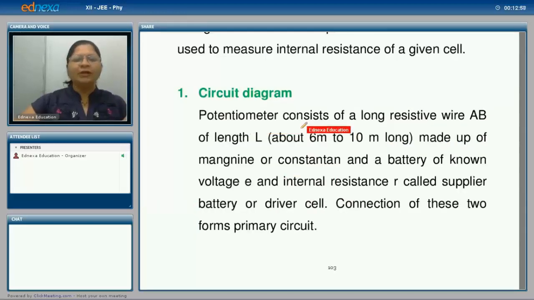The potentiometer consists of a very long resistive wire, about 6 to 10 meters long, made up of manganese or constantan, and a battery of known voltage E and internal resistance R, called the supplier battery or the driver cell. Connection of these two forms the primary circuit.